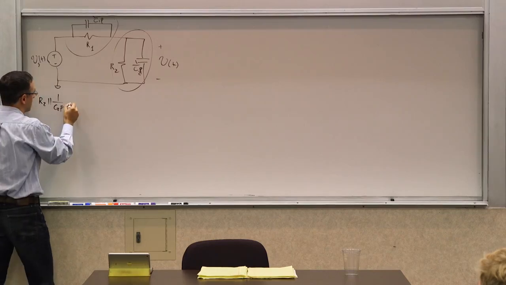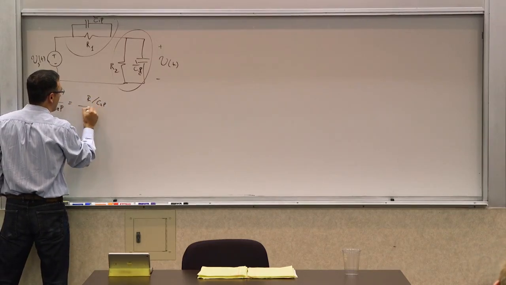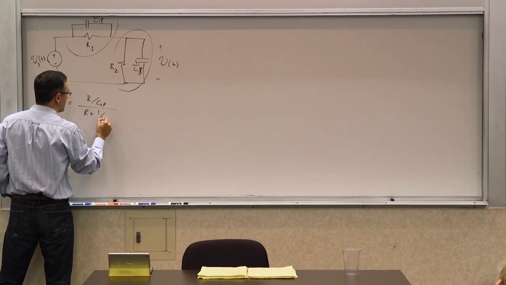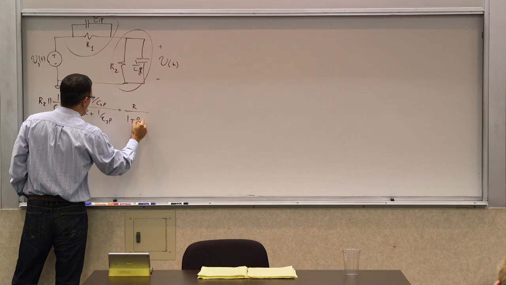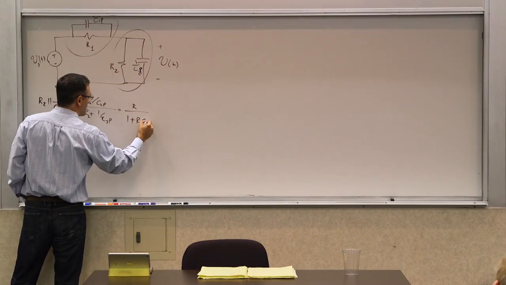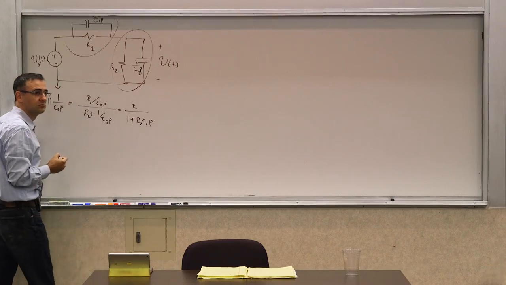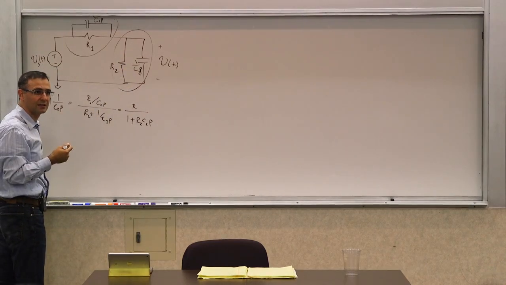So this is R2 over C2P divided by R2 plus 1 over C2P, which you can also write as R2 over 1 plus R2C2P. So that's this equivalent impedance, really.